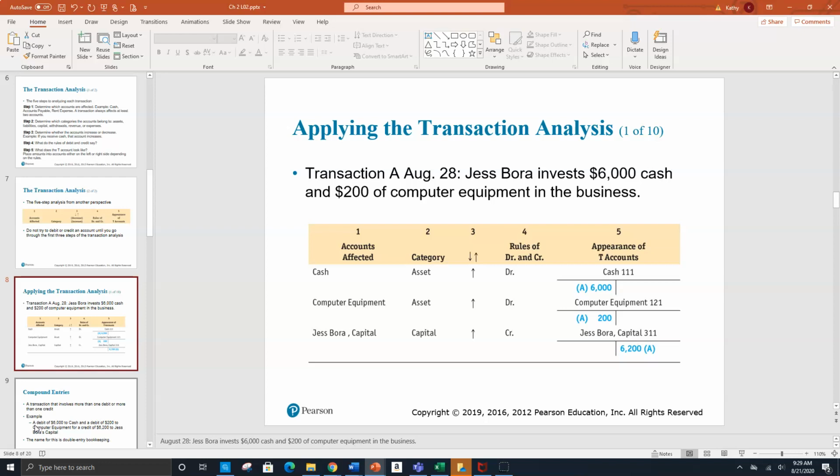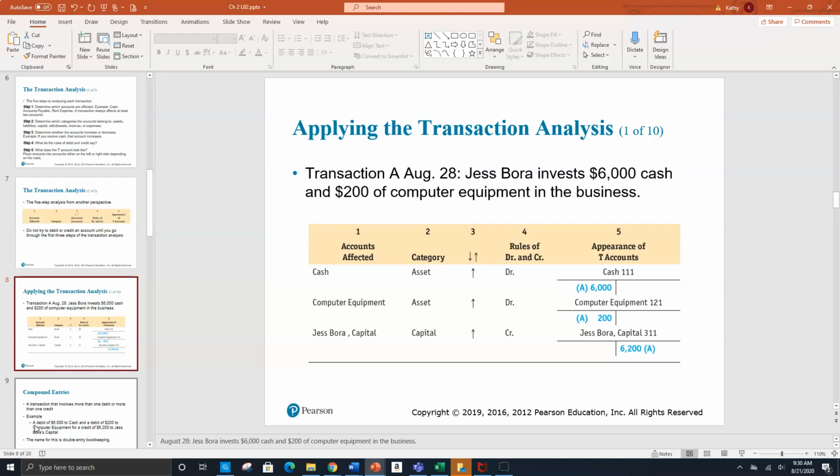You're debiting cash $6,000, so you put it on the left side. You're debiting computer equipment, you put that on the left side. And you are crediting capital. Now you can easily see your debits of $6,000 and $200 equal your credits. Your accounting transaction has to be equal, and your debits have to equal your credits.